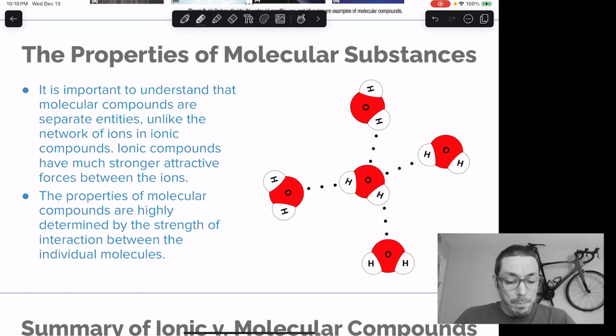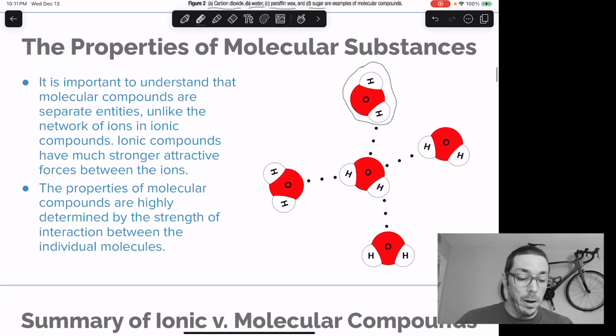But in molecular substances, each individual molecule is separate from every other molecule. They are individual particles, you can think of them. So we've got these water molecules here, and one molecule is itself a separate unit. It's not all locked in together because they don't have ion charges which attract them very strongly to each other. So that's a huge difference between ionic compounds and covalent compounds.